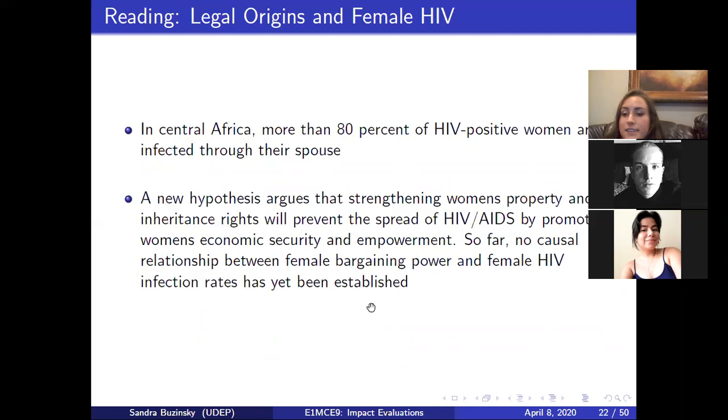But so far, as interesting as this may seem, there's no causal relationship identified among economists between female negotiating power, or bargaining power, meaning how much power I have in a household to negotiate with my spouse, and female infection rates. So far they don't have a link between this negotiating power and HIV rates in Africa, and so she's looking to do that.